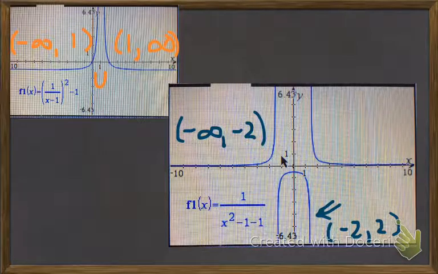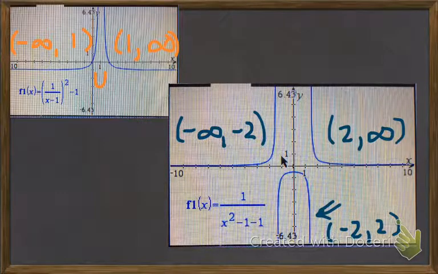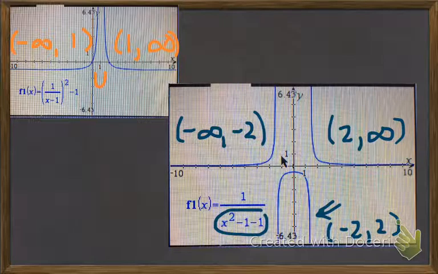And then this third piece over here is our 2 to infinity part of the graph that goes with our domain. So these graphs are good for confirmation purposes, just to help you see that the process of using the inside domain and then restricting it based on what shows up in the function that wasn't there to start with does in fact give you the right domain.